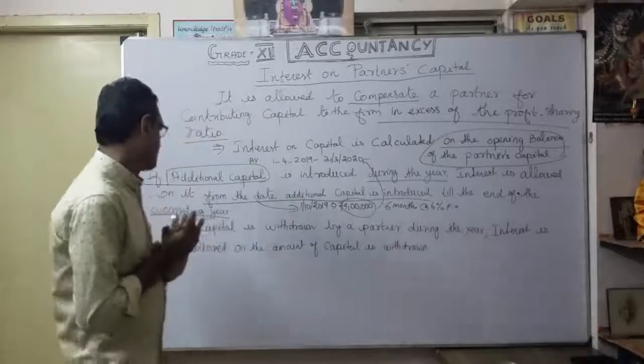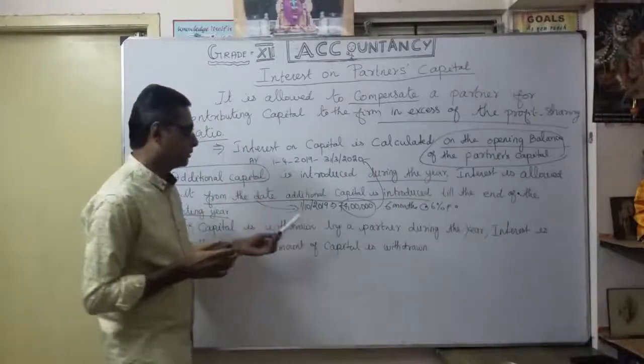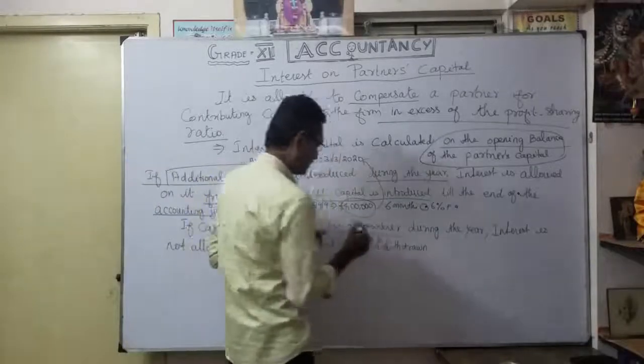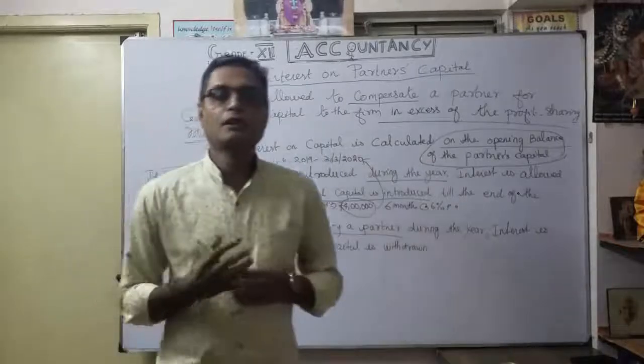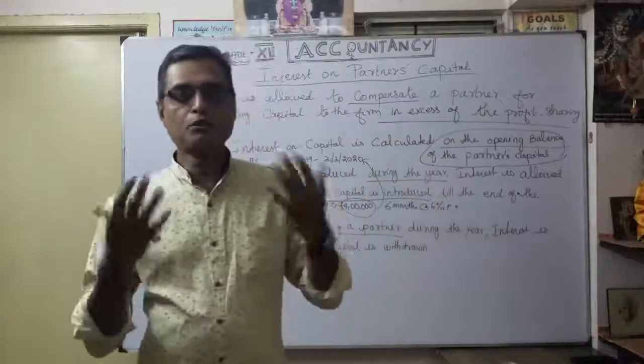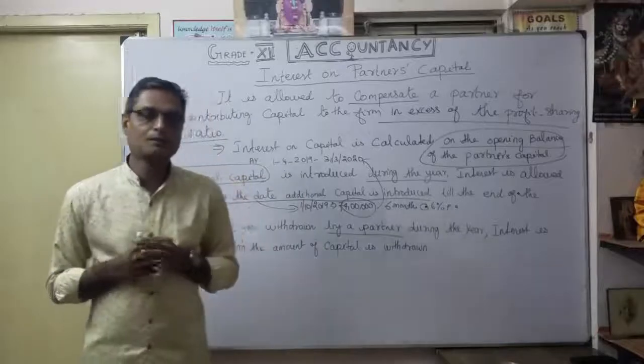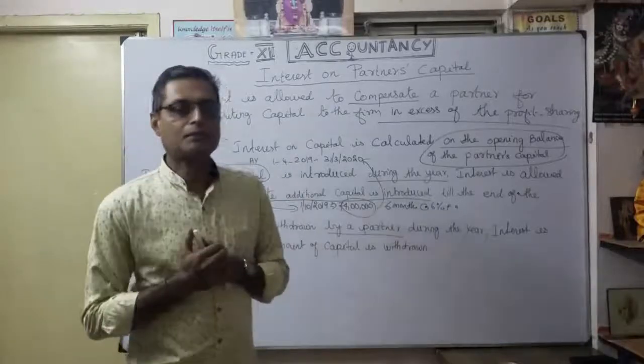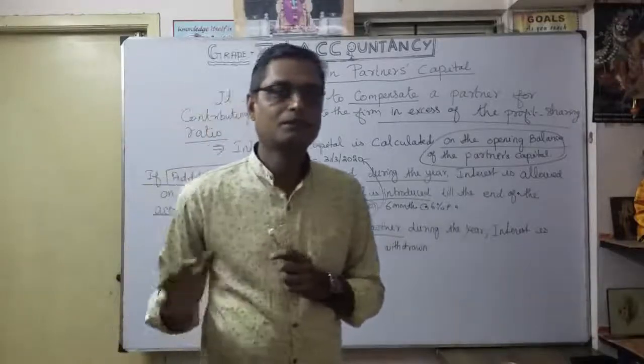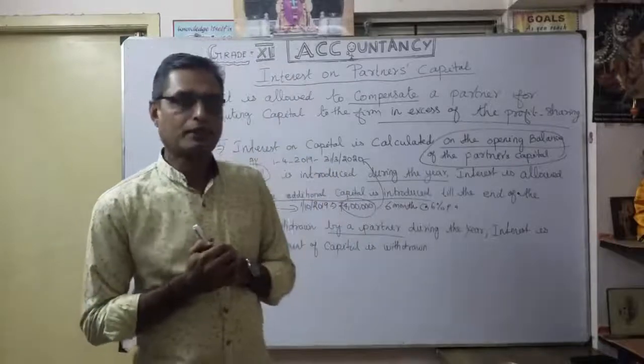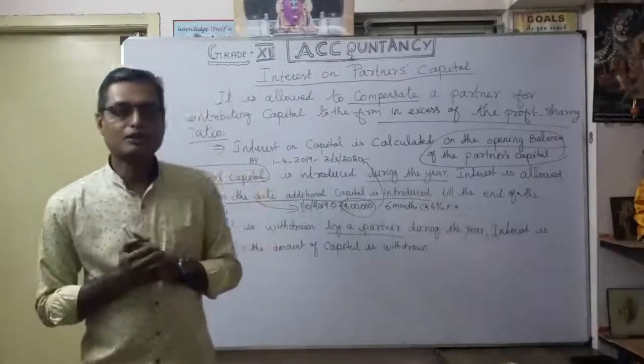Then, if capital is withdrawn by a partner, suppose during the business some partner withdraws money. Whatever the contribution by the partner, sometimes they can withdraw for personal use, for an emergency or individual need.